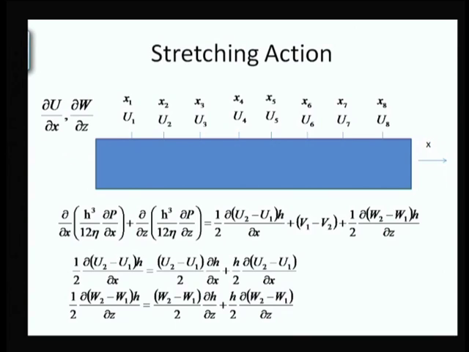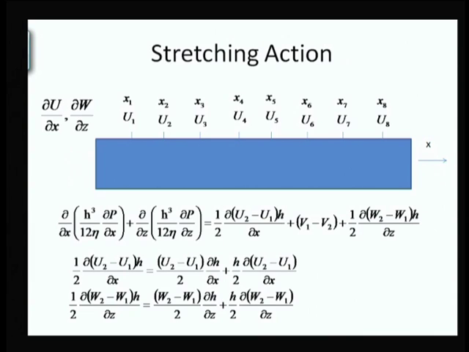So, this first term can be represented as the relative velocity divided by 2 times the partial variation of h with respect to x, plus, here h is not differentiated, so h by 2 times the differentiation of u2 minus u1 with respect to x. So, one term is converted into two terms, and the stretching term is the second term. The first term will be the wedge action. So, this term has two components, one is a wedge term and the second one is a stretching term.